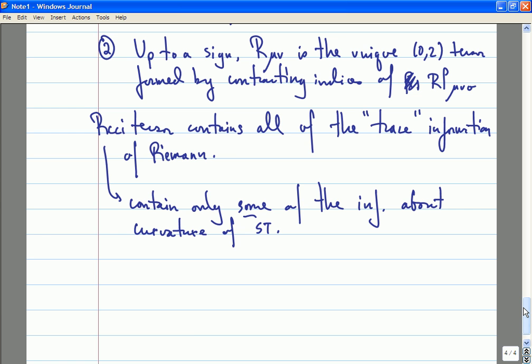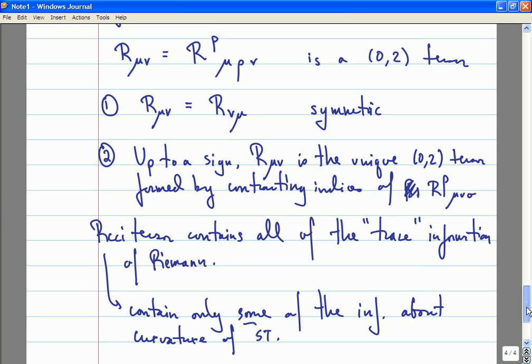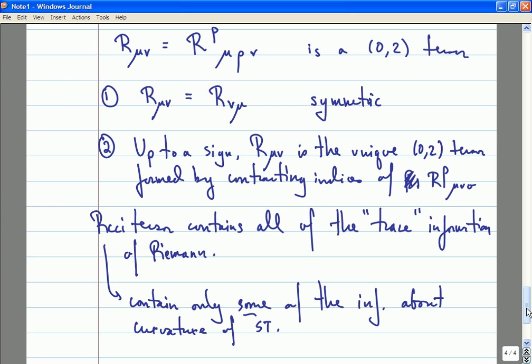Yes, question? Your second statement, what happens then if you contract the first and second? Why don't you tell me what happens? Well, so this must vanish. Okay, why does it vanish? Well, if it doesn't, then you have an anti-symmetric. Okay, there's a simpler reason why it vanishes.